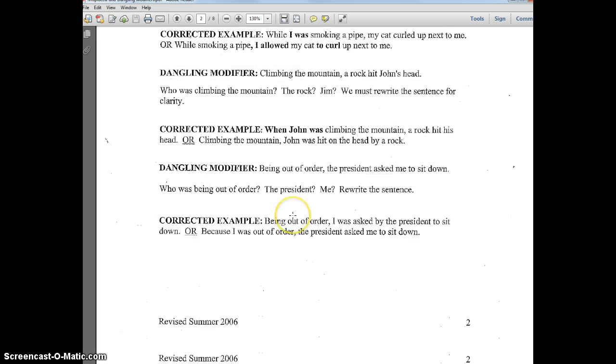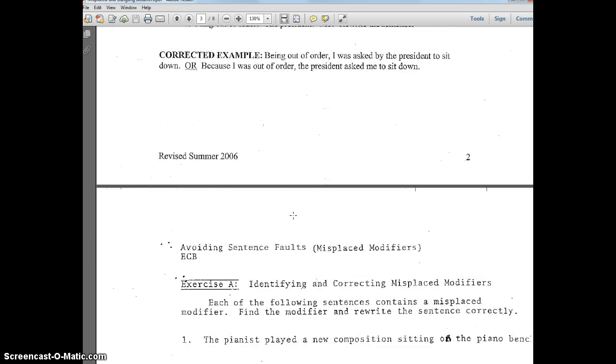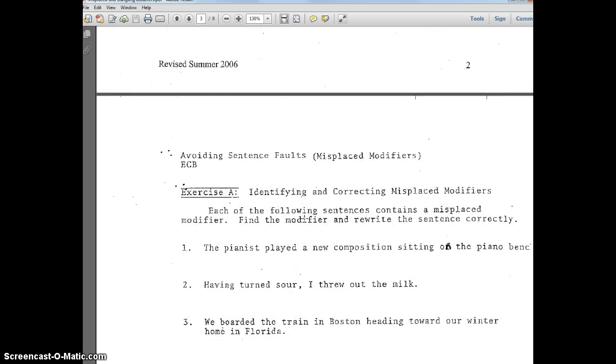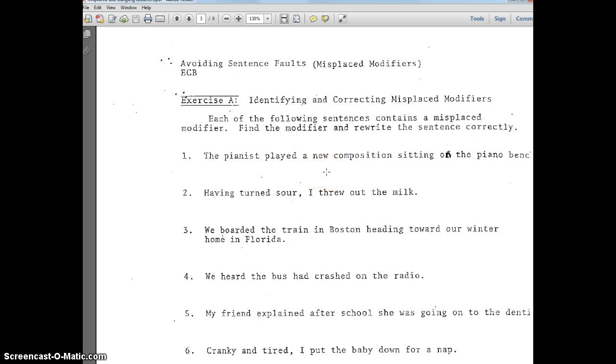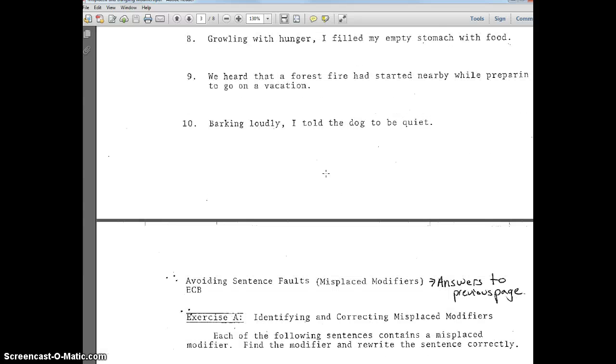So I want you to just go through and look. We have misplaced modifiers on this sheet. For example, having turned sour, I threw out the milk. It appears that it is you or I that turned sour when it should be the milk. So go through and clear up these sentences by correcting the misplaced modifiers.